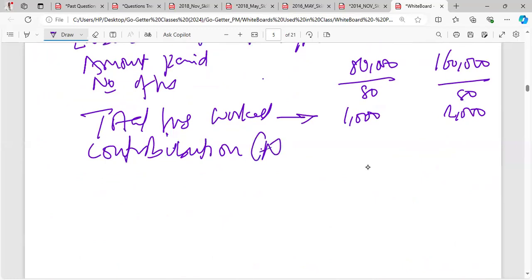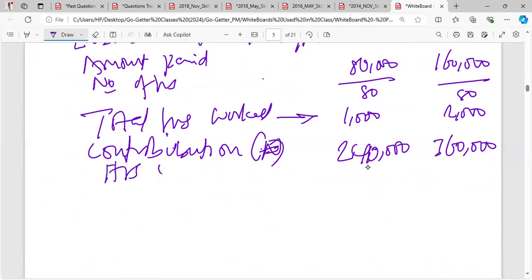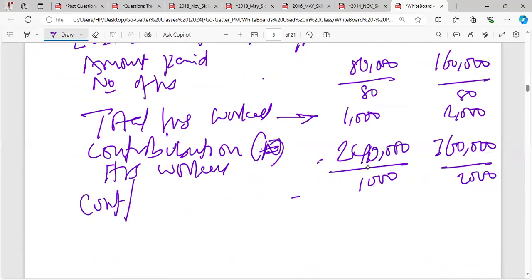So this is in Naira. This is 240,000. This is 360,000. Then hours worked. This is 1,000. This is 2,000. So this is contribution per limiting factor, which is hours.